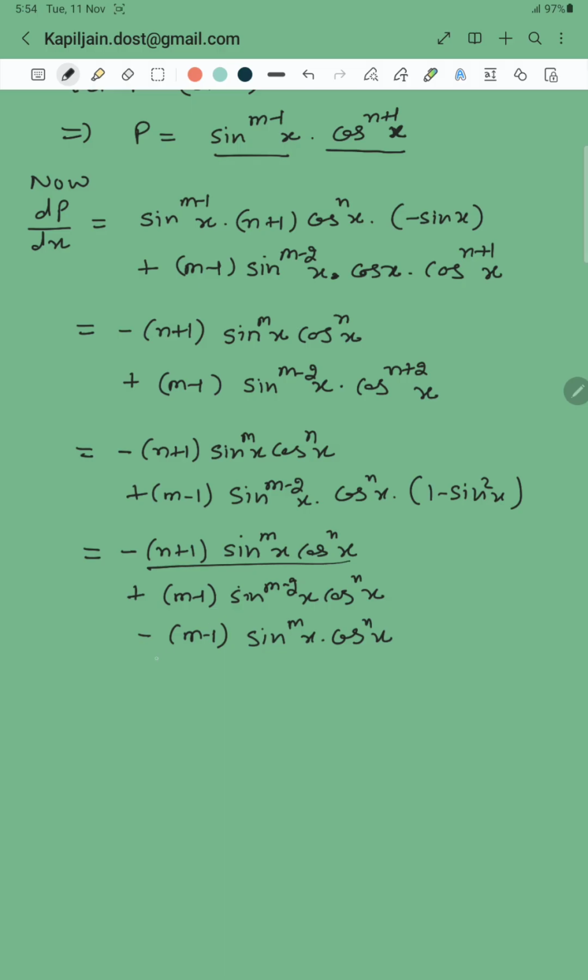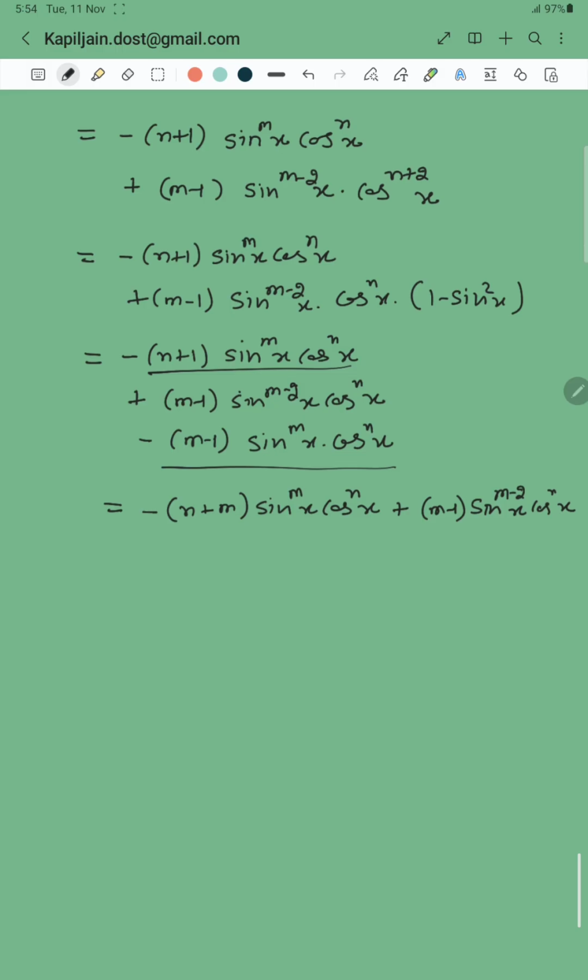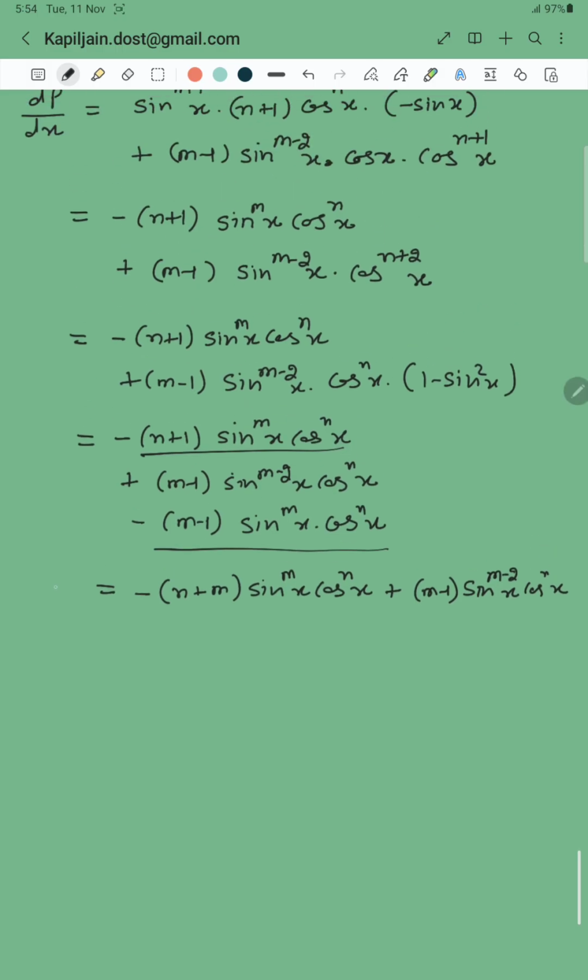Now these two terms can be combined, minus n plus m sin raised to power m x into cos raised to power n x plus m minus 1 sin raised to power m minus 2 x into cos raised to power n x, and our left hand side is dp by dx.